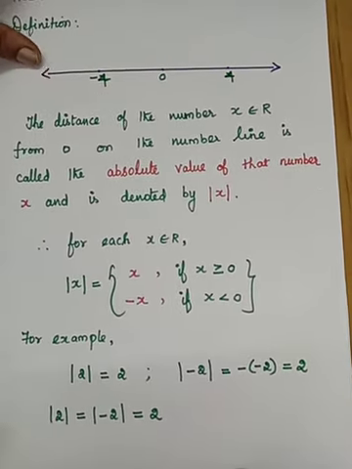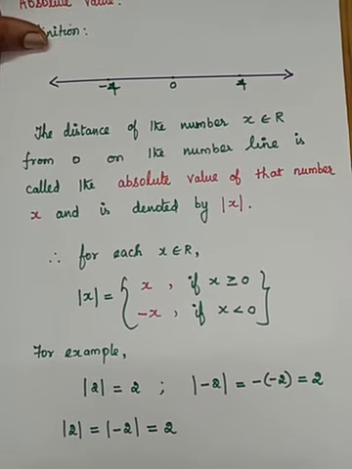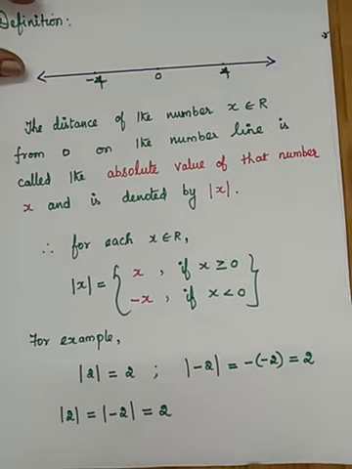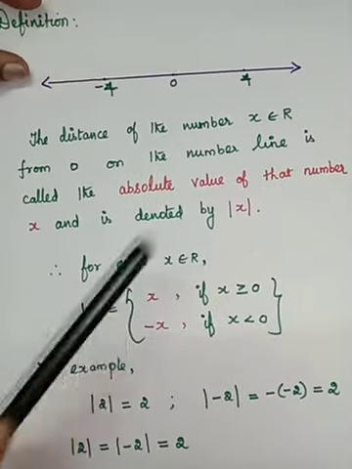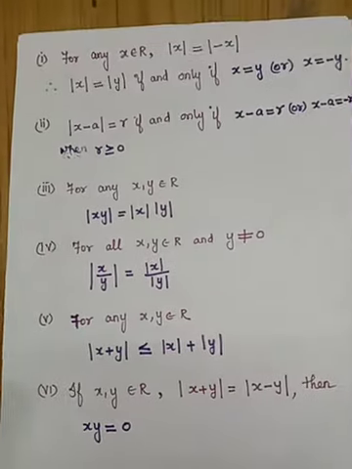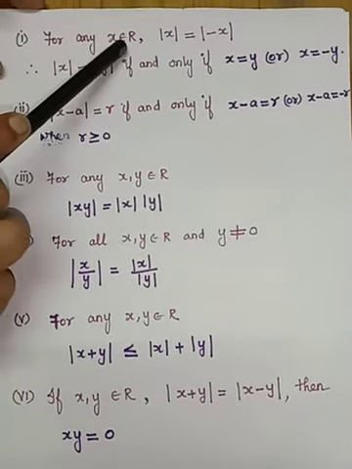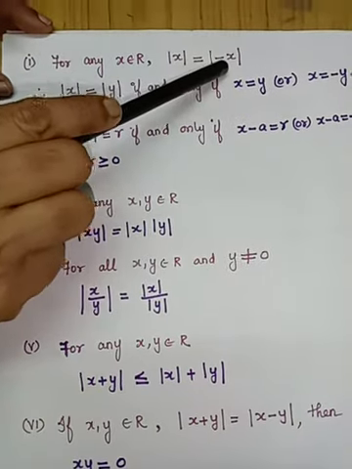Okay. So, absolute value is nothing but the distance of any real number from the origin on the number line is called the absolute value of that number. It is denoted by this symbol. Okay. Now we are moving to the properties of absolute value. Just now we have said modulus of x is equal to modulus of minus x.